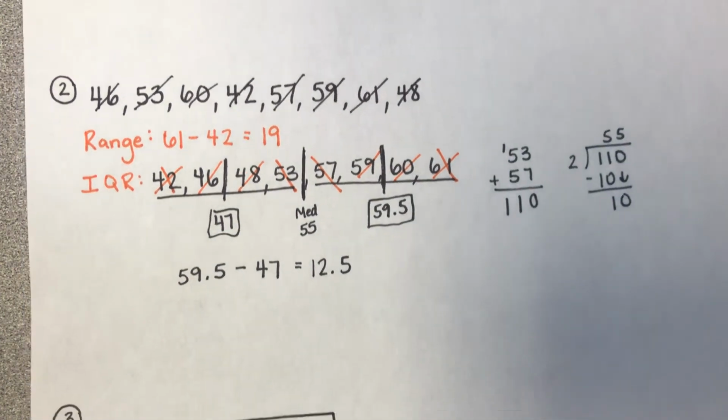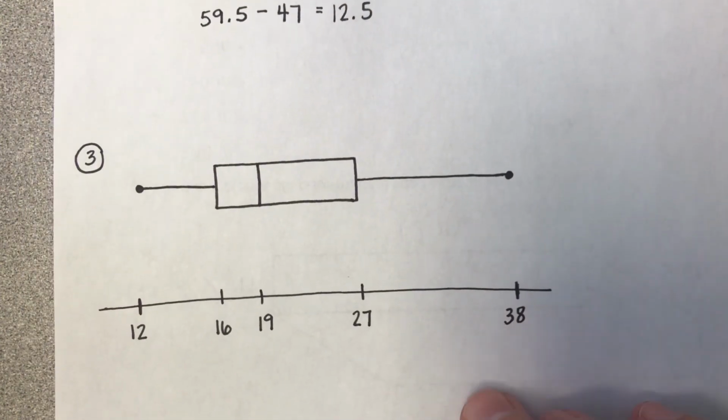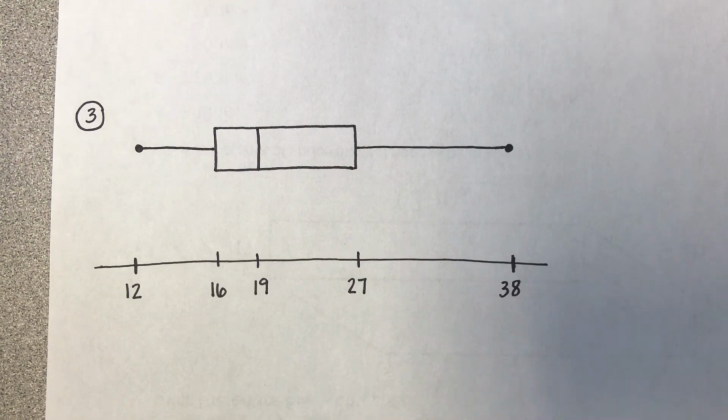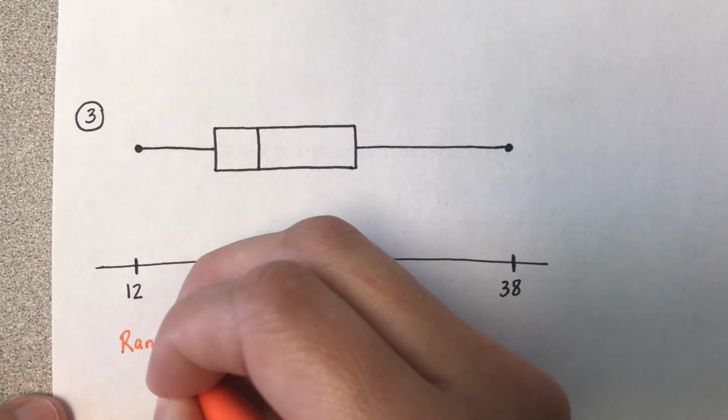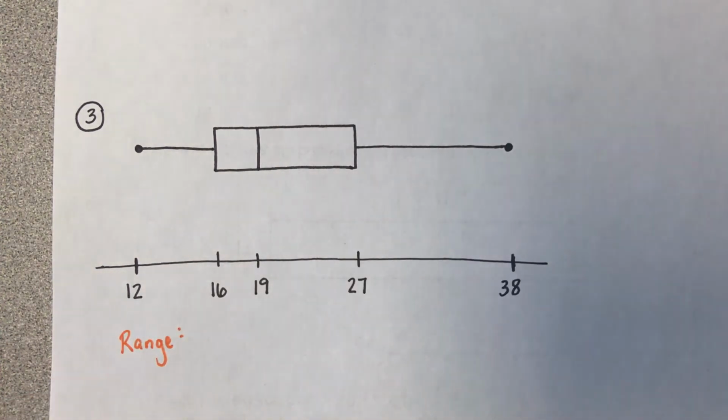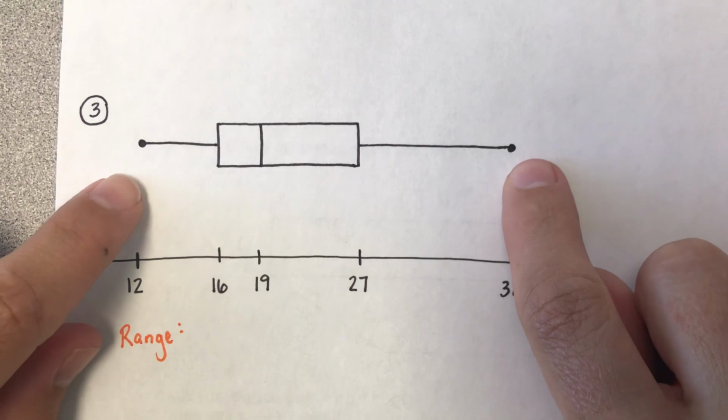All right, and the last one I'm going to show you is a box and whisker plot. Like I said, this is not a lesson on box and whisker plots, but this is how you will see interquartile range shown on a test. The hard work pretty much is already done for you. You just have to know where to look to find everything. So to find the range, it's going to be the 2 points at the end.